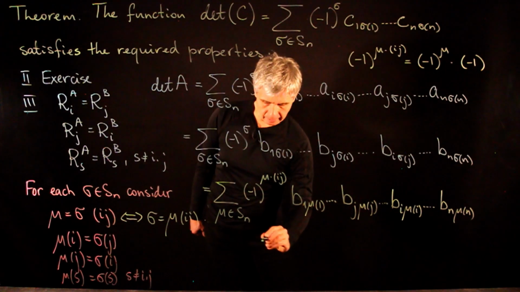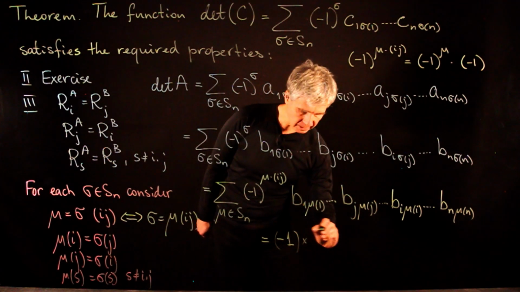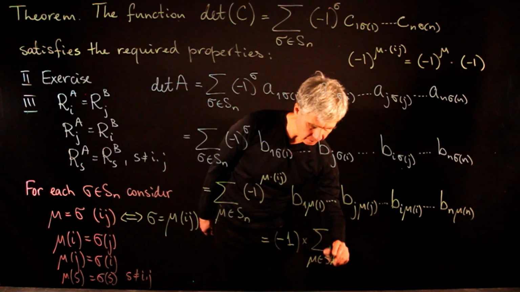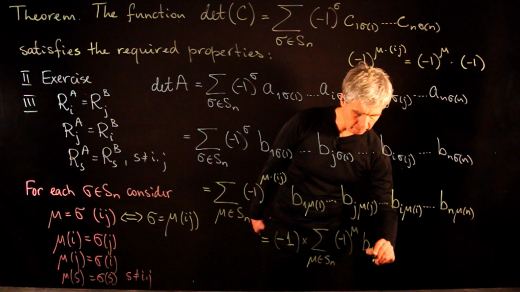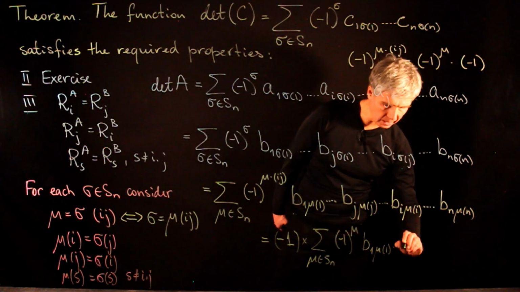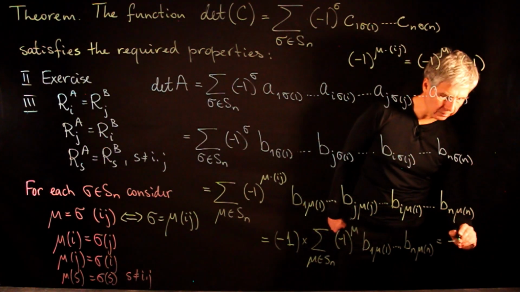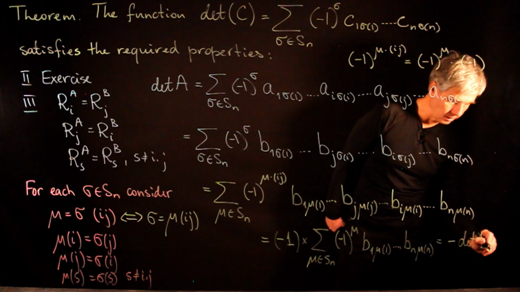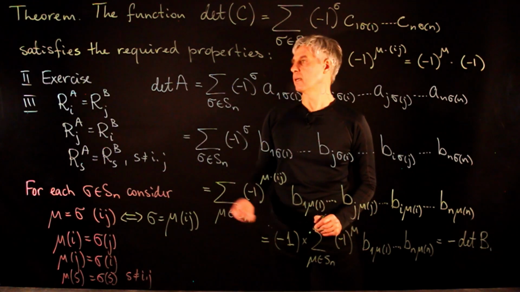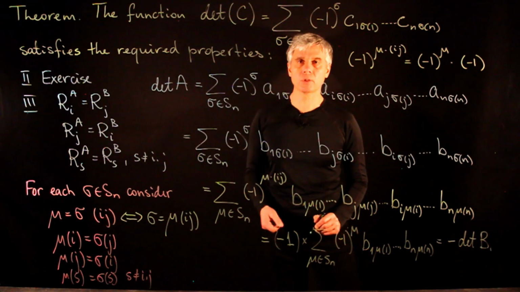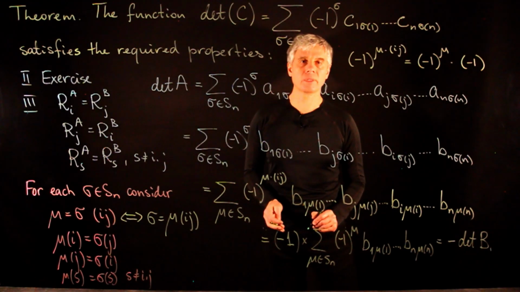So what we get here is -1 times the sum over mu in S_n of (-1) to the power of mu, b_1 mu of 1, dot dot dot, b_n mu of n, and this is equal to negative determinant of b. And that's exactly what we had to establish in this property. And since property 4 about the determinant of the identity matrix is already established, this completes the proof of this theorem.